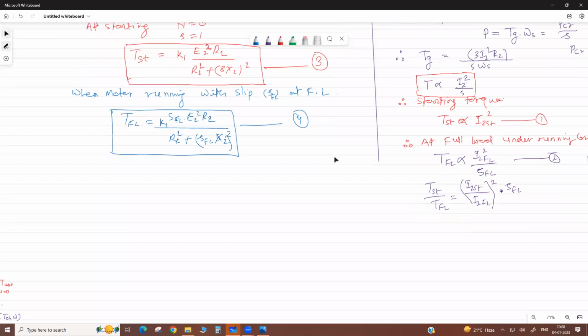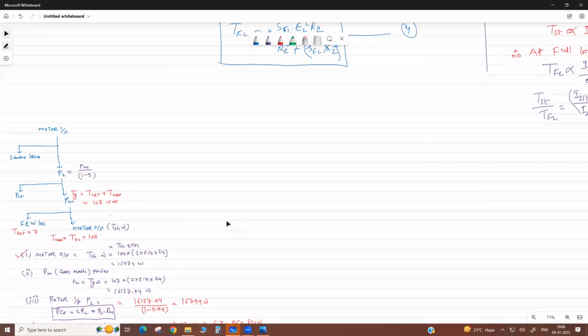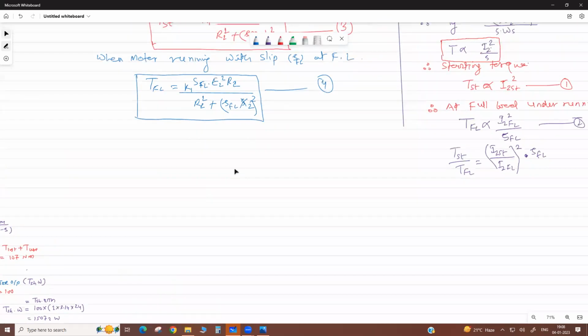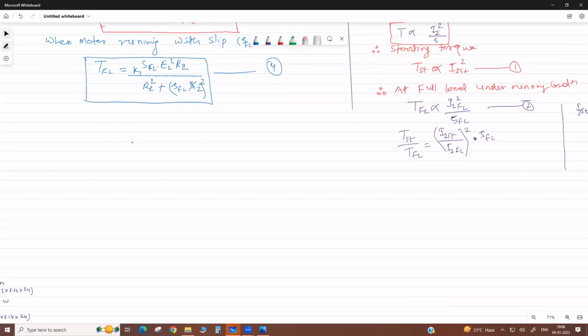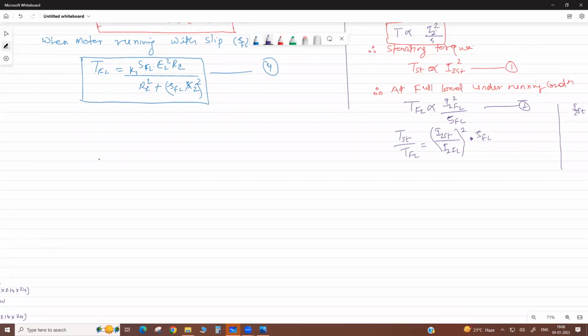Now come to the condition for maximum torque. This also is asked: what condition will be fulfilled for maximum torque. Now we discuss the conditions for maximum torque.